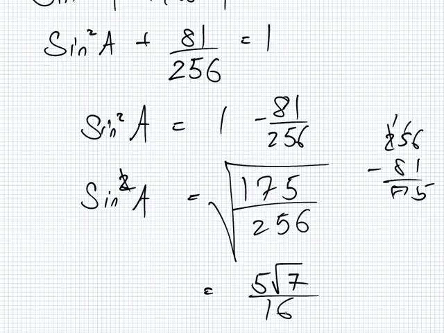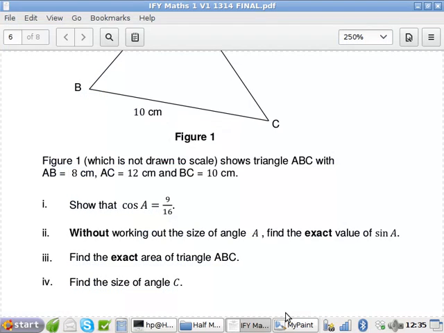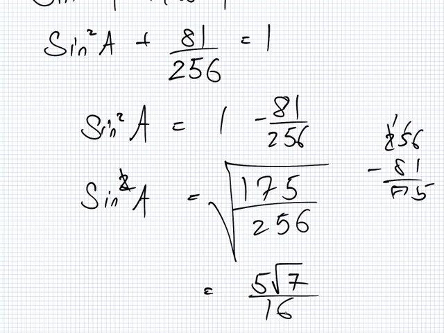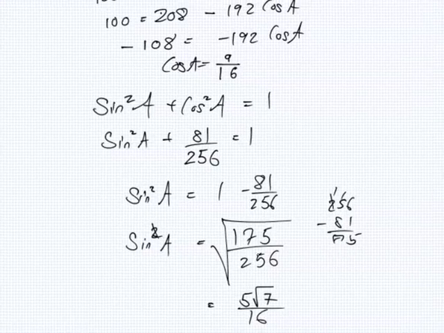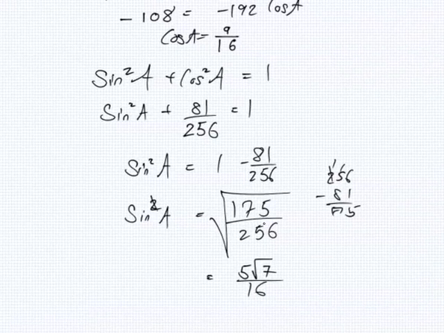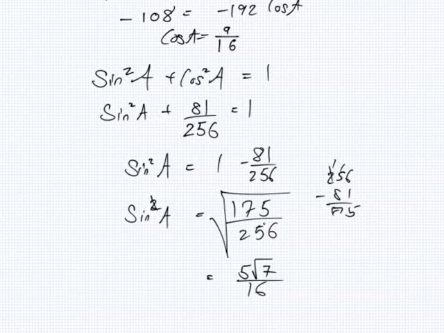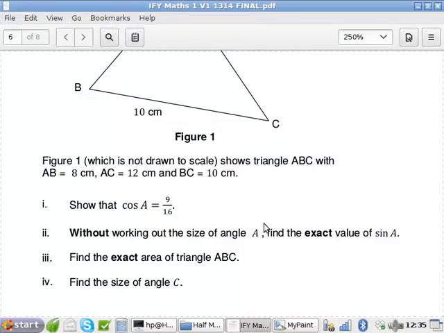Right, the next part is find the area now. I can use the calculator. Use sine inverse. No, that's not what they want. So sorry, the next part is the area.